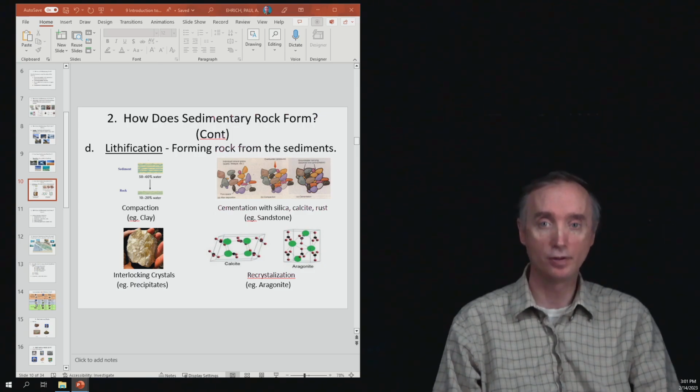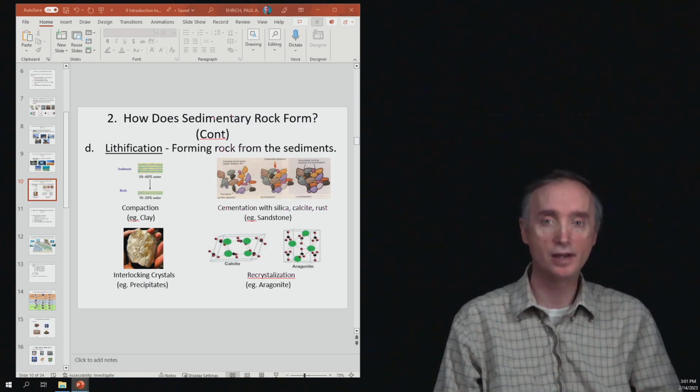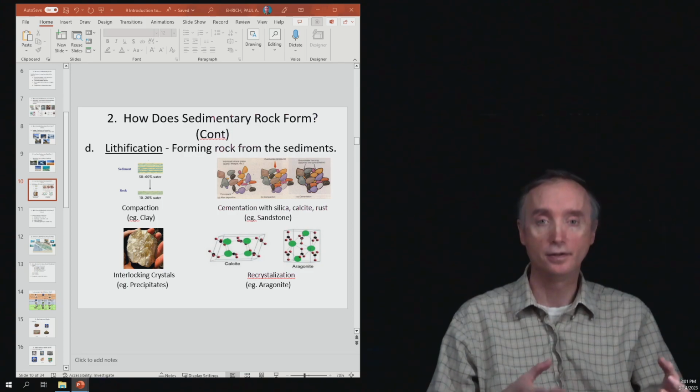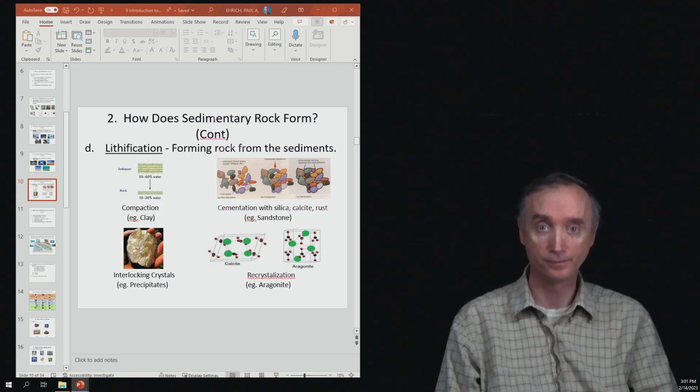And a common example of this is clay. So the sediment normally has a lot of water in it. And so if you can squish it to the point that you're squeezing out all of that water, eventually it might stick together, and then you end up with the sedimentary rock clay.